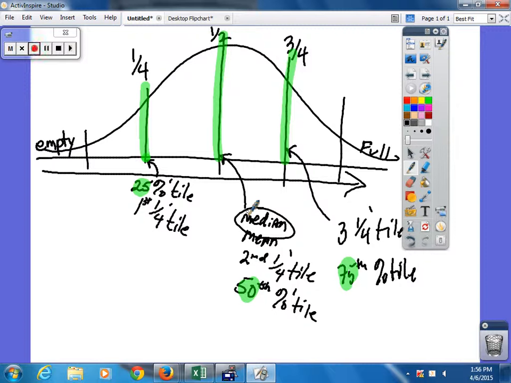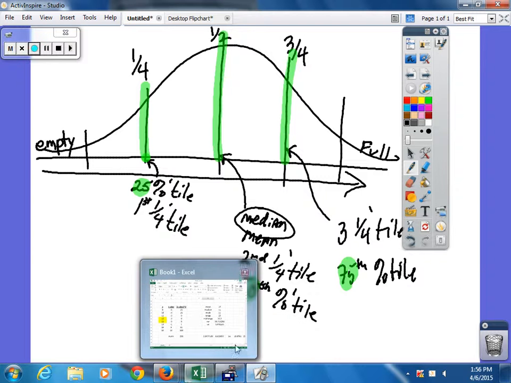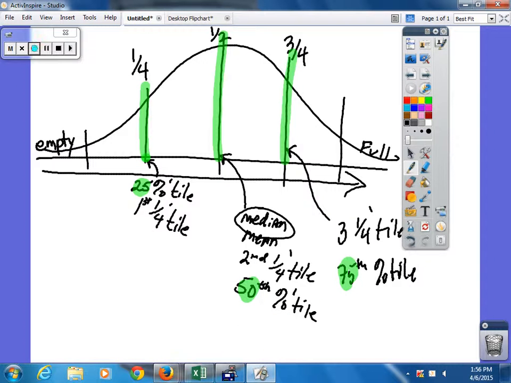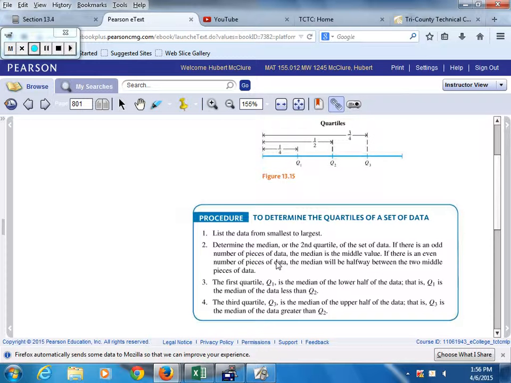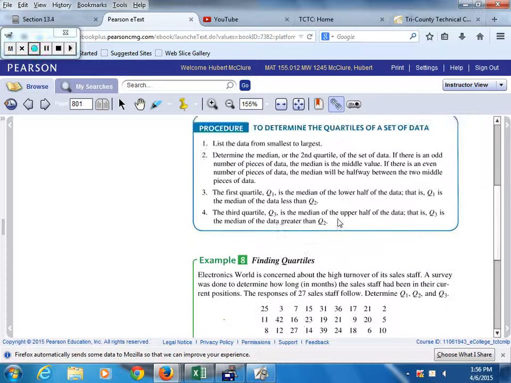And that's what they're showing you in the book where they're talking about percentiles. And that's on page 801.